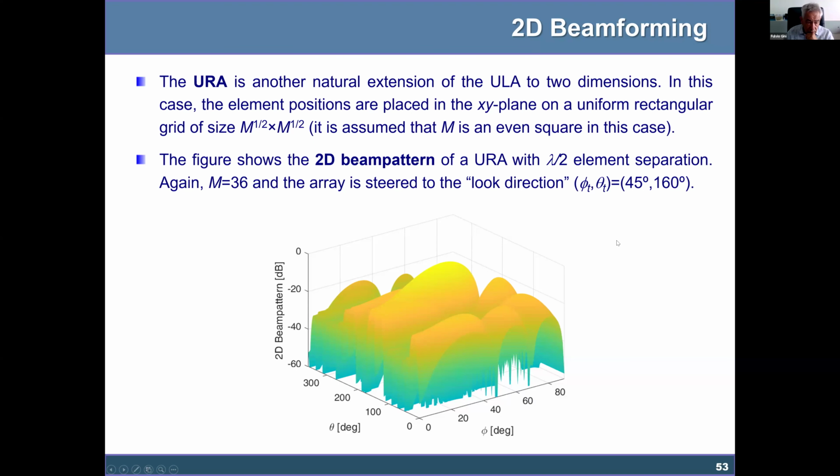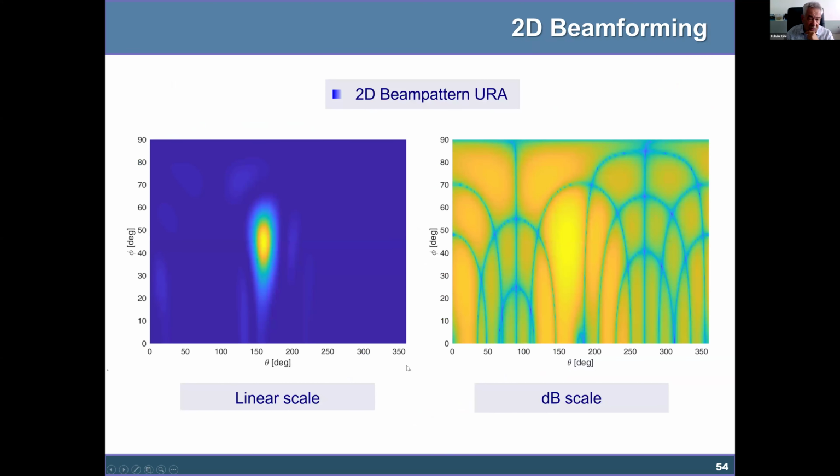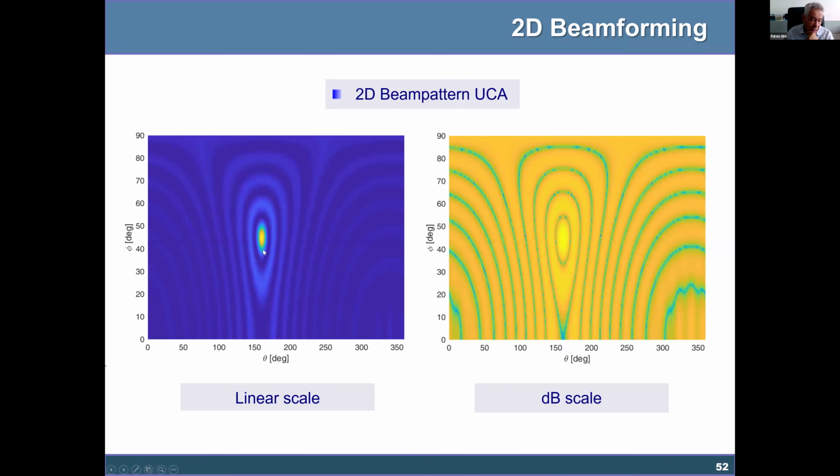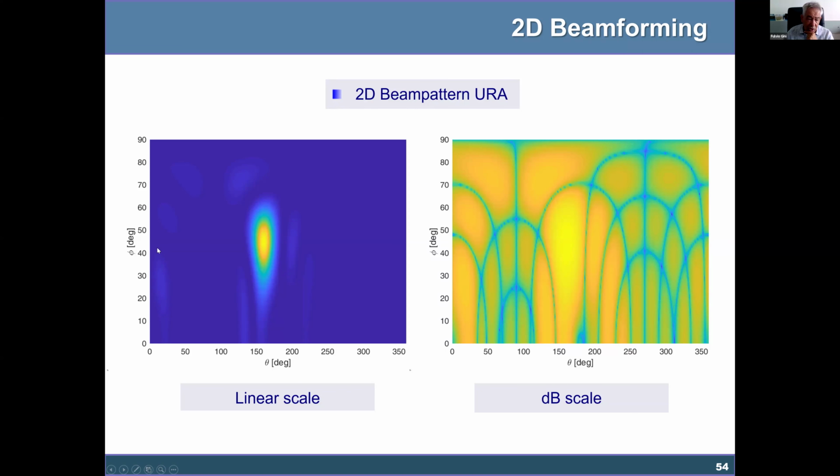In fact, if you plot the two-dimensional beam pattern, you see that the peak is in the right values, but this main lobe is wider than in the previous case. You can see that the main lobe is wider also from the color plot. But if you look at the side lobes, the situation is certainly better because the side lobes are definitely smaller.